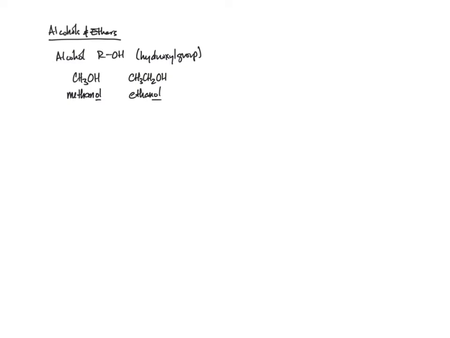So what about, let's go up to a 3-carbon chain, and so we'll use this representation now. So if we have the hydroxyl group at the 1 position, this would be 1-propanol.